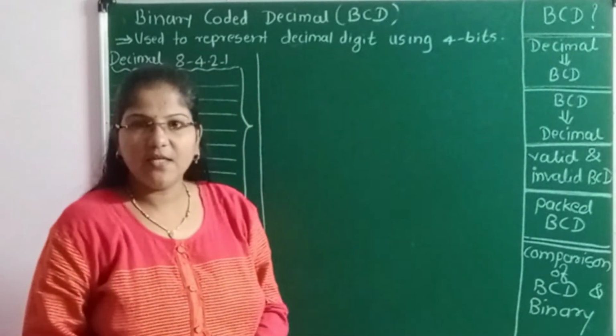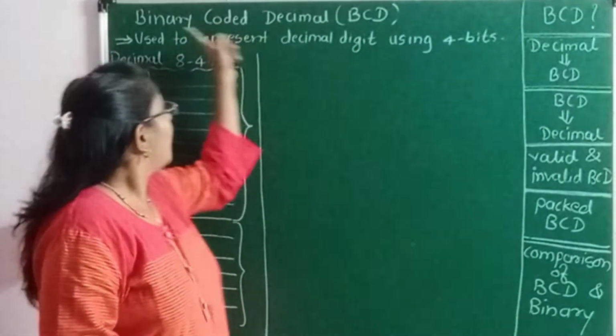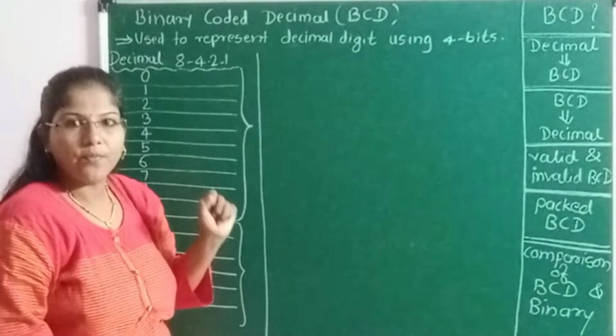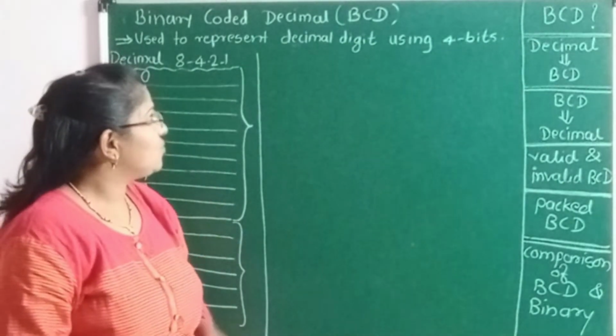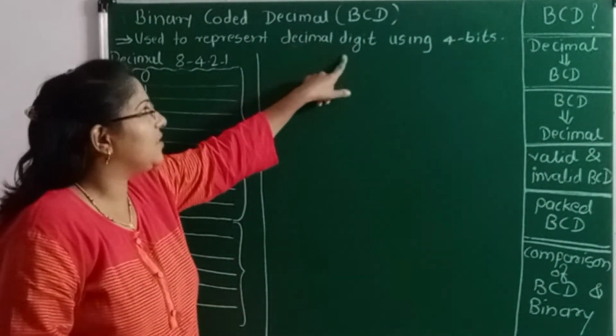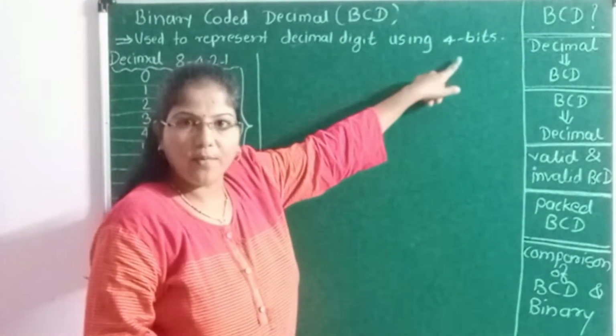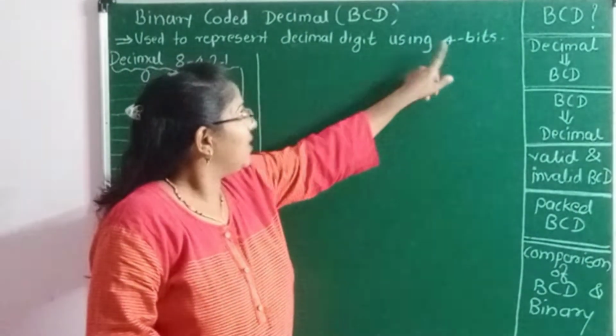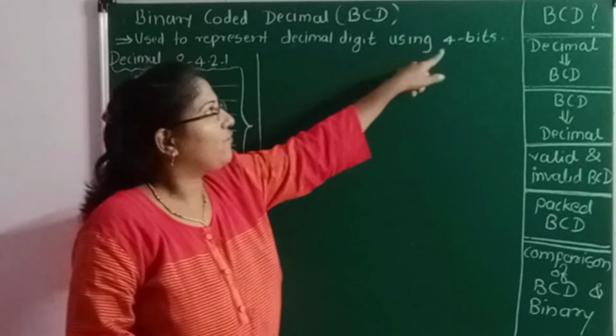So what is BCD? This is the short form of the binary coded decimal. This number system is used to represent the decimal digit using 4 bits.